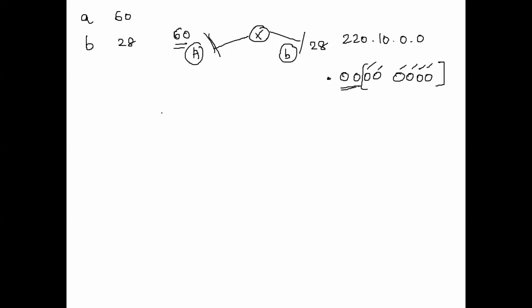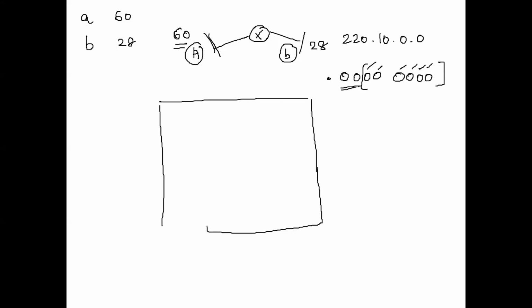So let me put it in the form of a box. If I put it in the form of a box, I'll get 4 networks. So let's say this is 0 0 0 0 0 0 0 0. This is 0 1 0 0 0 0 0 0.